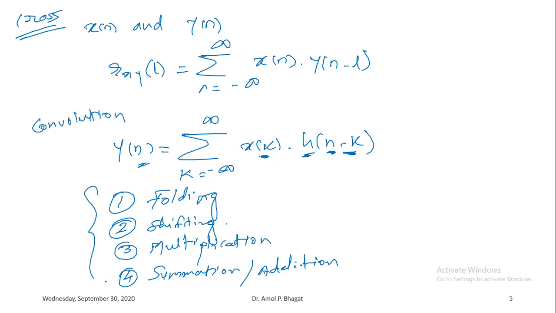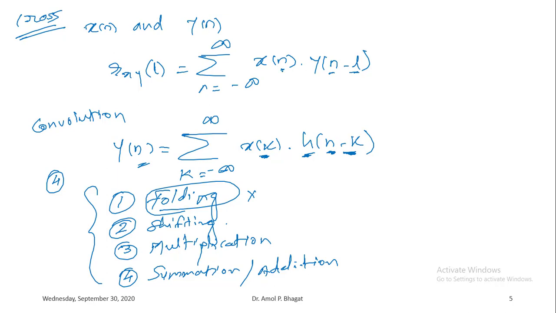So convolution involves these four operations, while in the case of correlation, x of n and y of n are kept as they are. That means we are not performing the folding operation. But we are performing the shifting operation, so y of n is shifted by L samples, right?